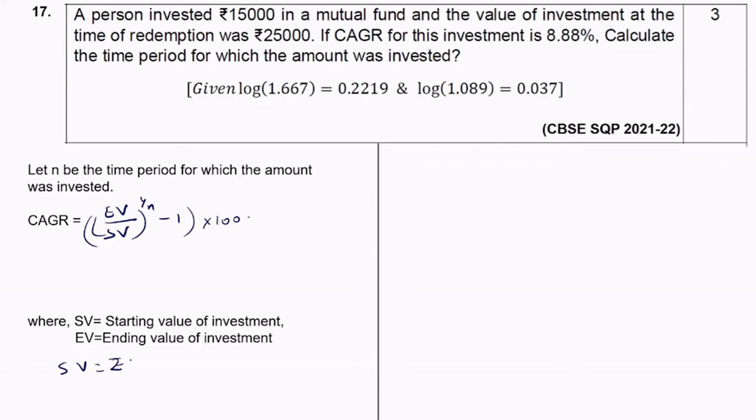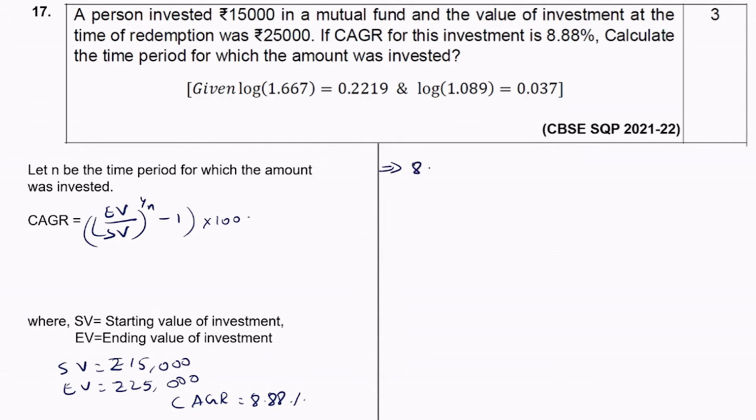Starting value is rupees 15,000. Ending value is rupees 25,000 and compound annual growth rate is also given. It is 8.88%.